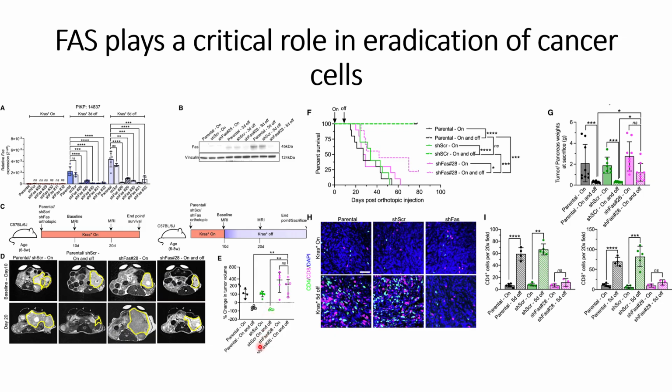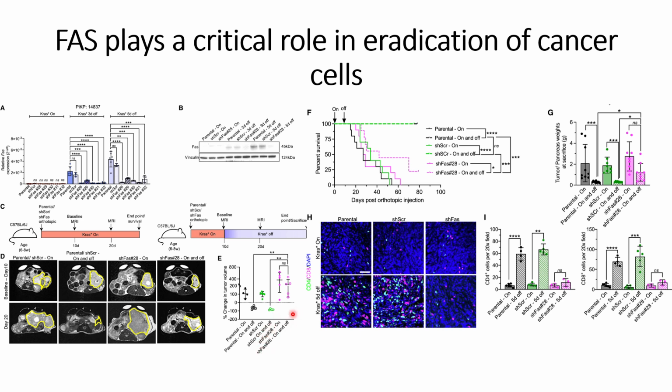And in the case where short hairpin FAS receptors are used and the KRAS mutations are on, we see a continuous increase in the percentage change in the tumor volume, because the KRAS mutations suppress the FAS receptors, and the short hairpin FAS receptor mRNA also suppresses the FAS receptors.